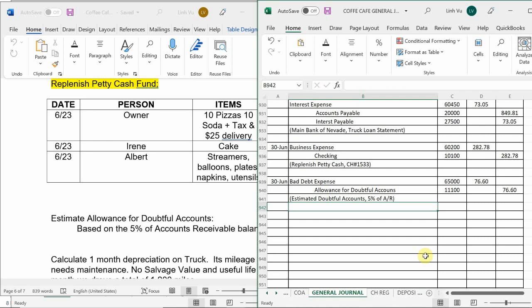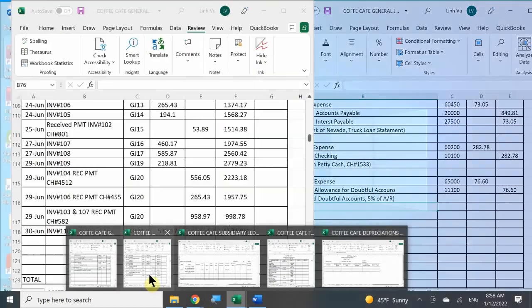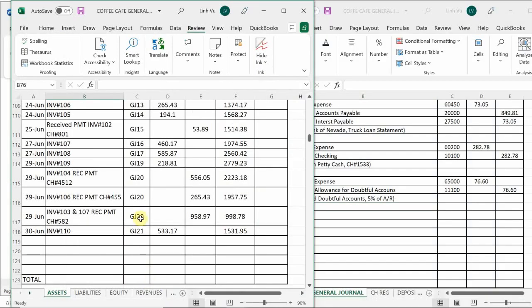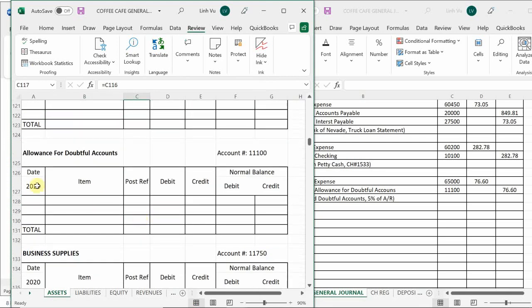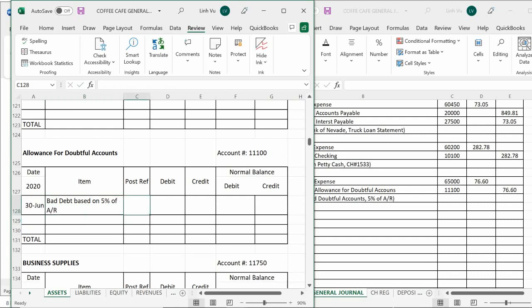Okay. So let's go ahead and update our journals, our ledger. Here's my contra account. General Journal 23 for the credit amount of the 7660.